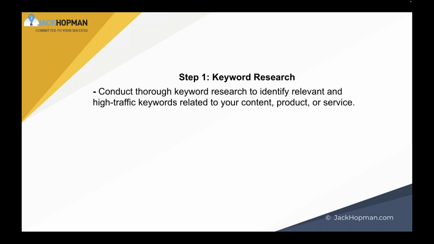So what you want to do is conduct thorough keyword research to identify relevant and high traffic keywords related to your content, product, or service. The best way we can do it is local marketing, local search, local SEO. So that means if your niche is plumber, you add some city like plumber Boca Raton or plumber near me.